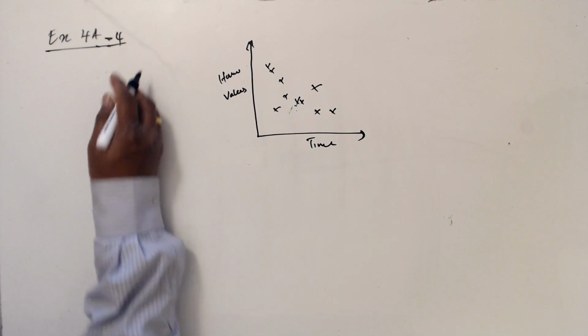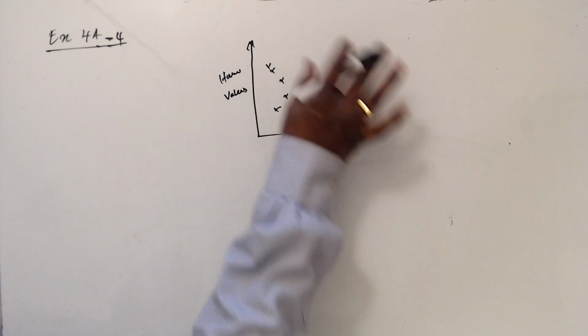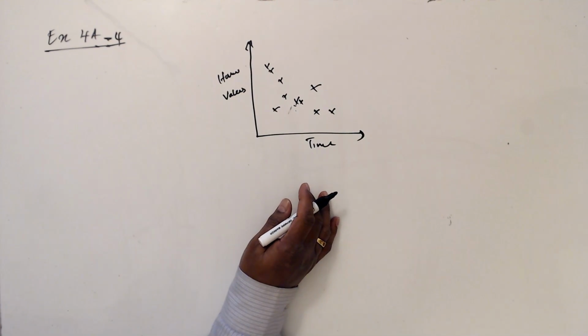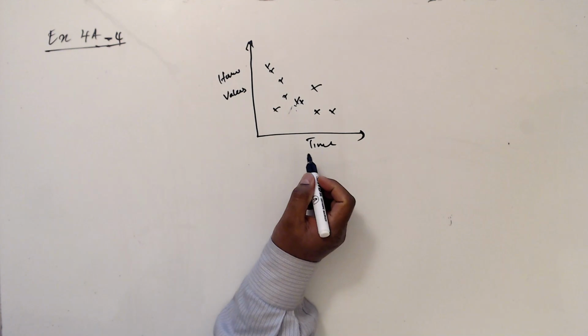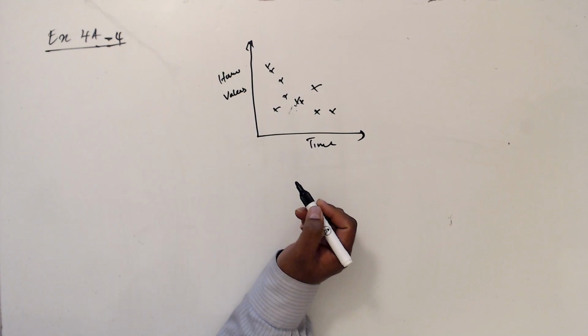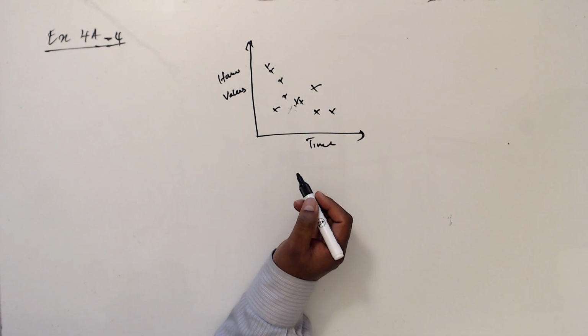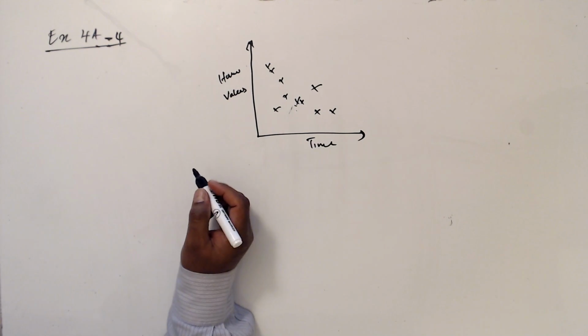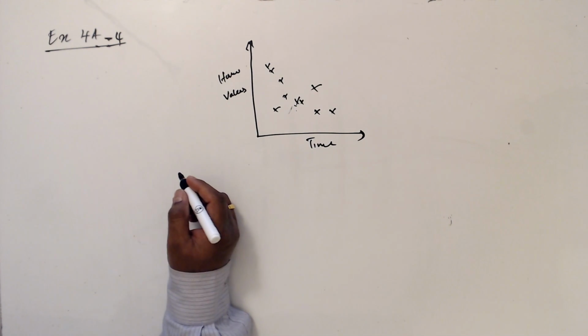Question number 4. When you draw, you have to draw properly on a graph. This is a rough sketch, and you may get this kind of graph. So this one, do you think that you can represent by a line?